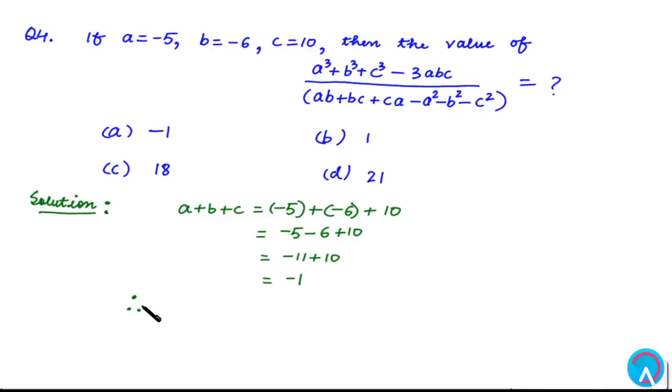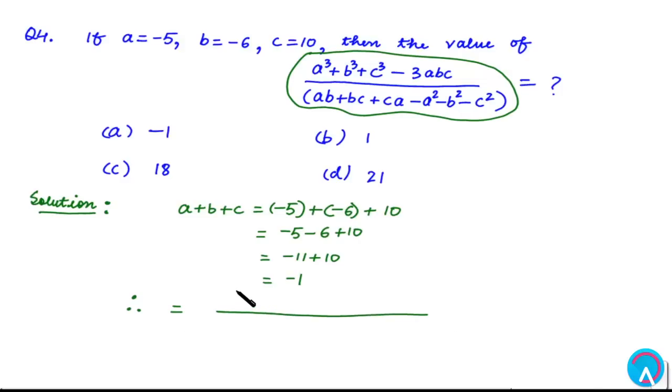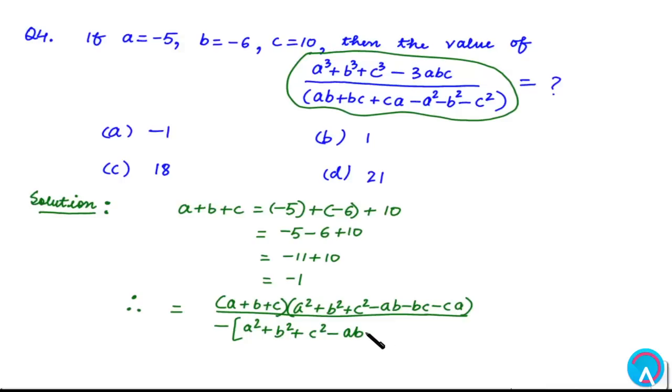Therefore, the given expression, that means this expression, will be equal to, for the numerator, we can write a plus b plus c multiplied with a square plus b square plus c square minus ab minus bc minus ca divided by, and from the denominator we can take minus outside, and if we take minus outside, inside the bracket we'll have a square plus b square plus c square minus ab minus bc minus ca.